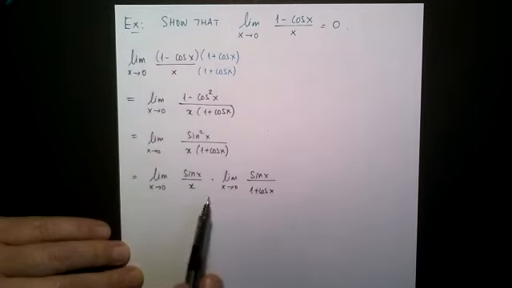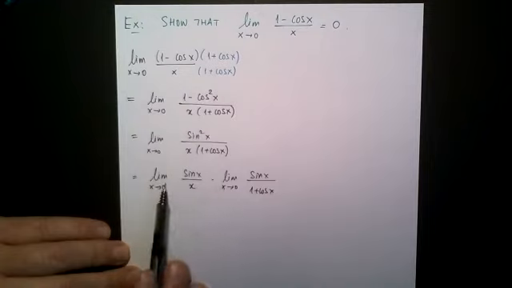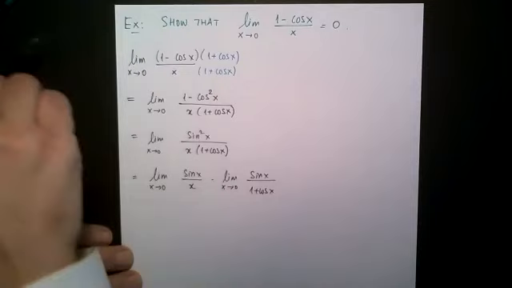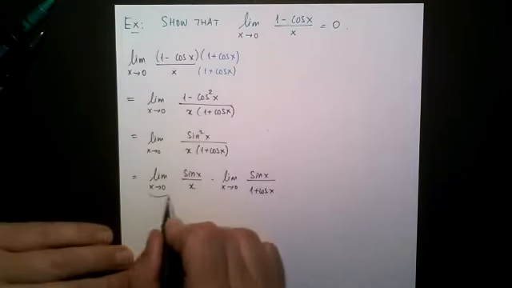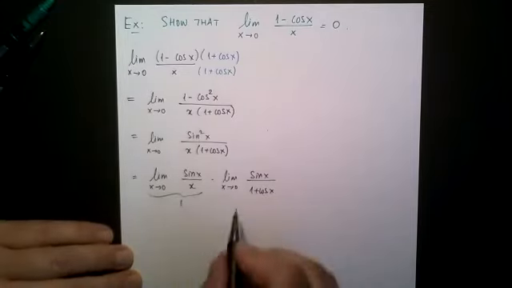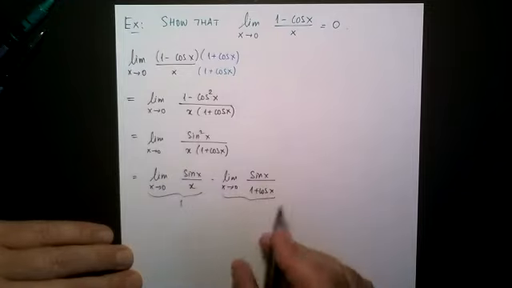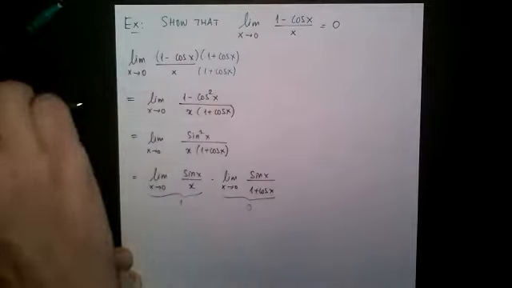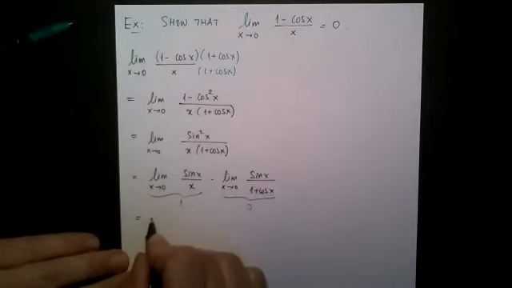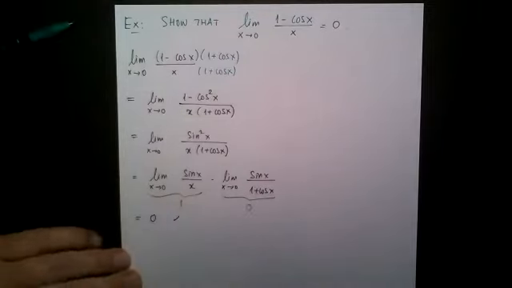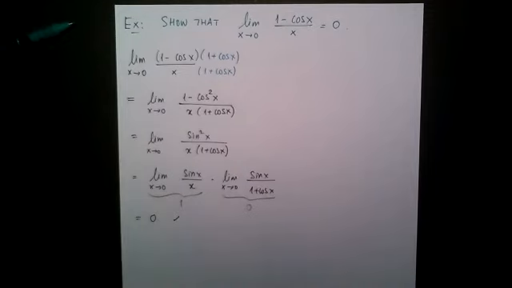It's still the same thing. The only thing I did is I distributed the limit. Okay, and this is very convenient because now this is 1, and this is 0. If I plug in 0, I get 0 over 2, which is 0. And so 1 times 0 is 0, and I'm done. Okay, any questions?